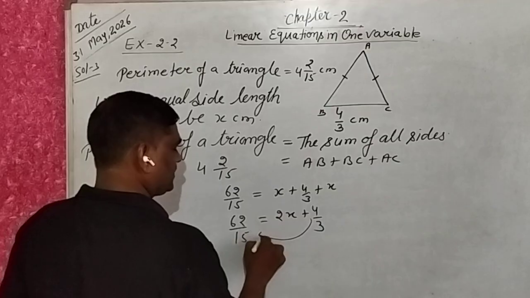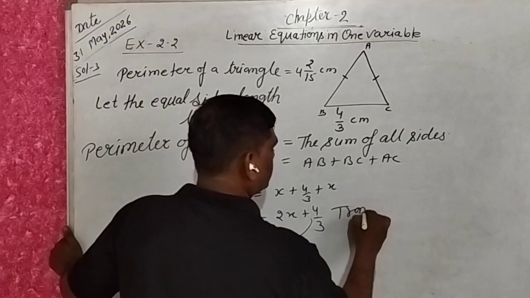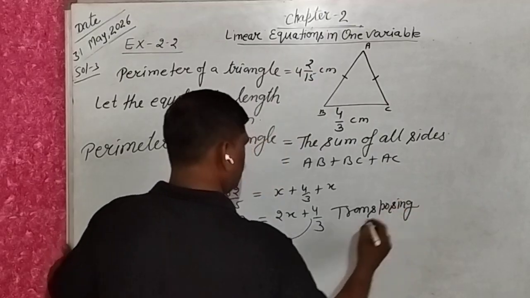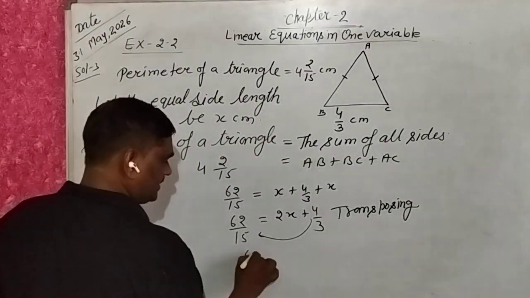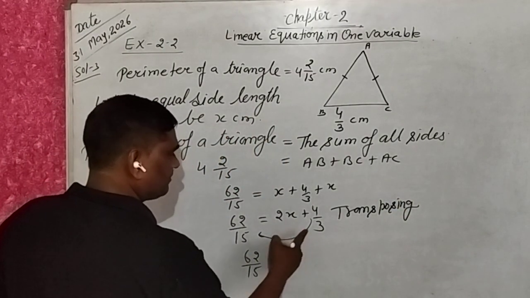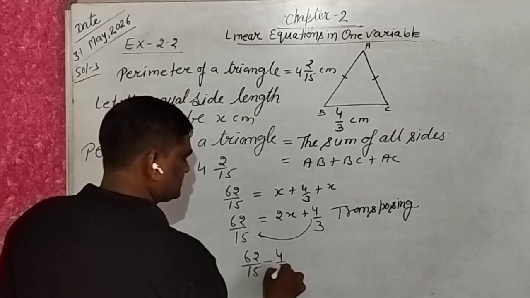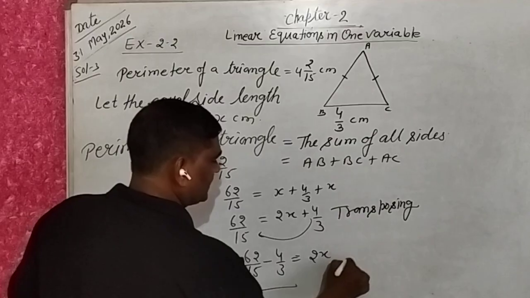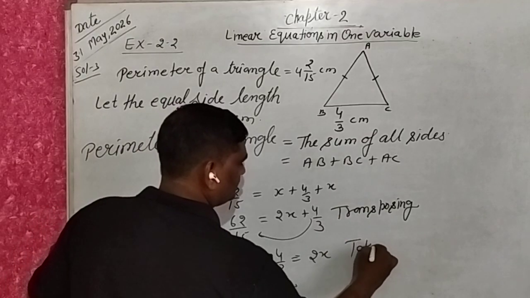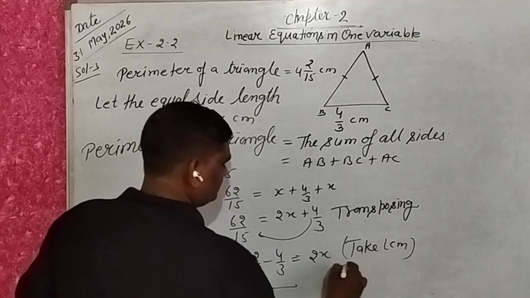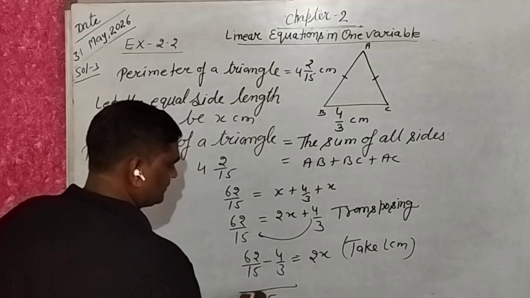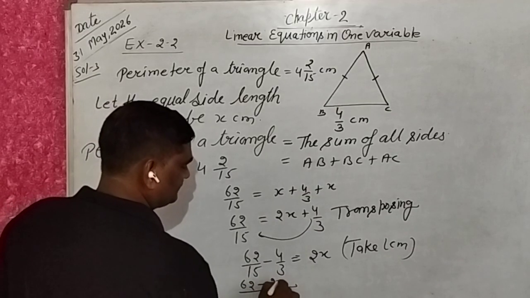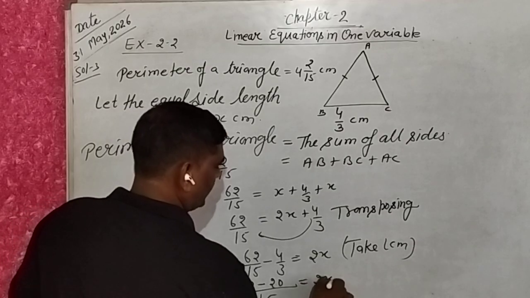If you transpose here, 62/15 minus 4/3 is equal to 2x. If you take the LCM, 15: 62 minus 20 is equal to 2x.